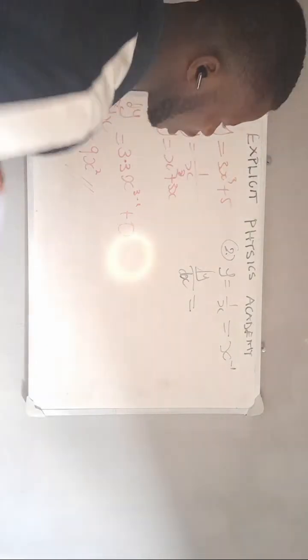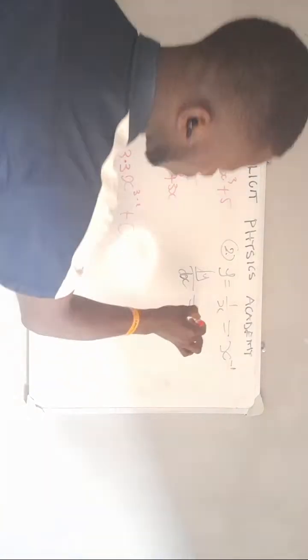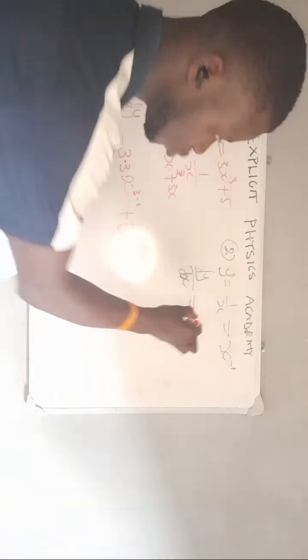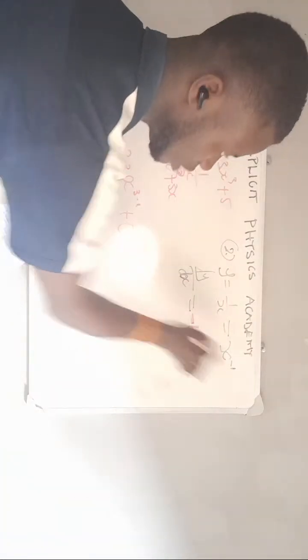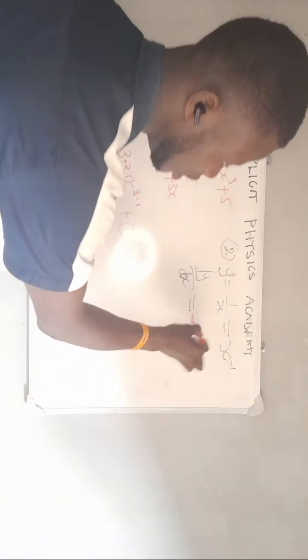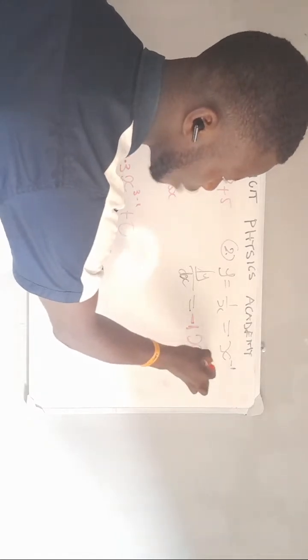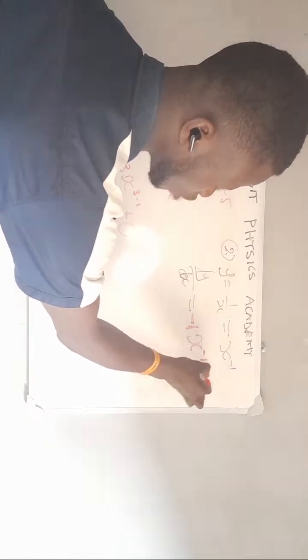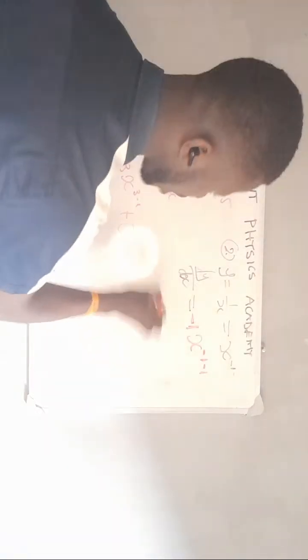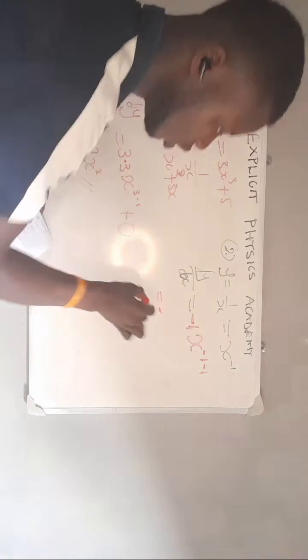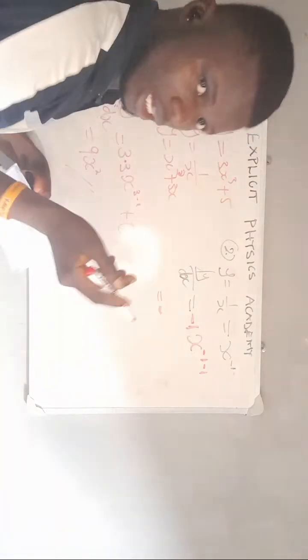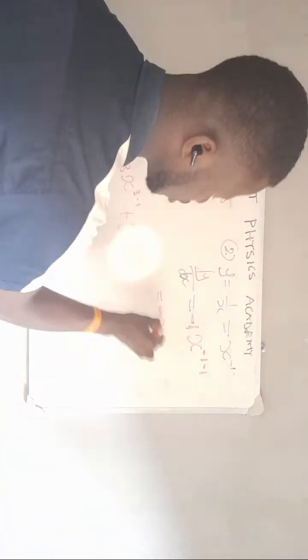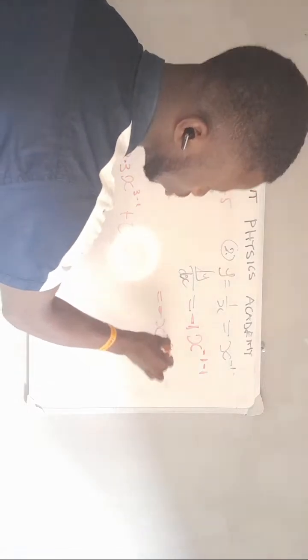There's no magic here. So what do we do here? We're going to put the minus 1 in front, so we're going to have minus 1, and since the power is minus 1, x^(-1-1), because definitely I will subtract 1 from it. So we're going to have minus x^(-2).